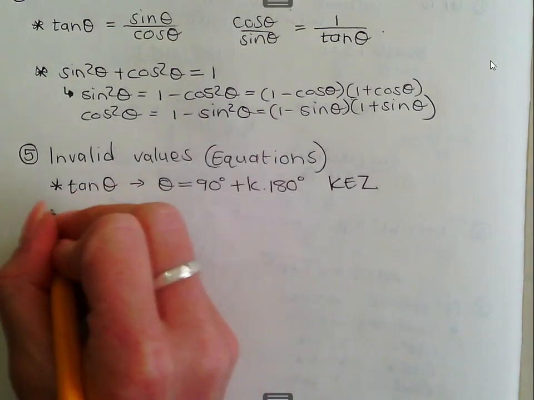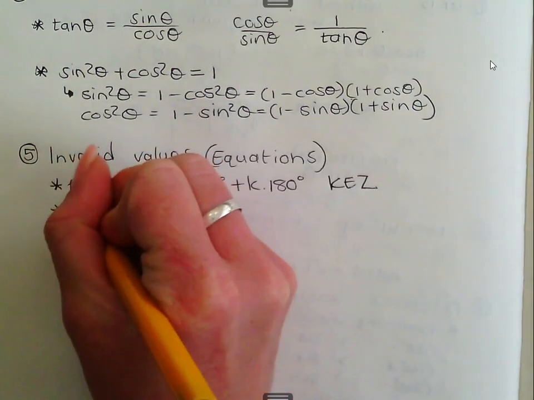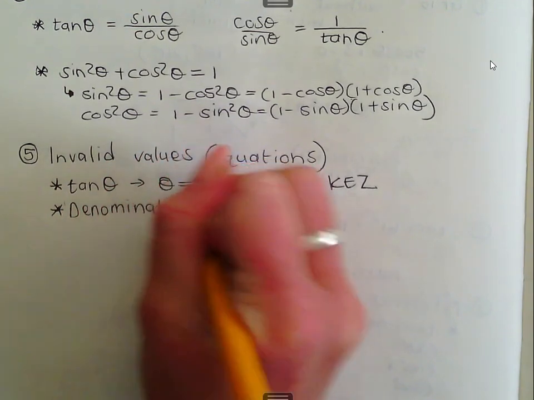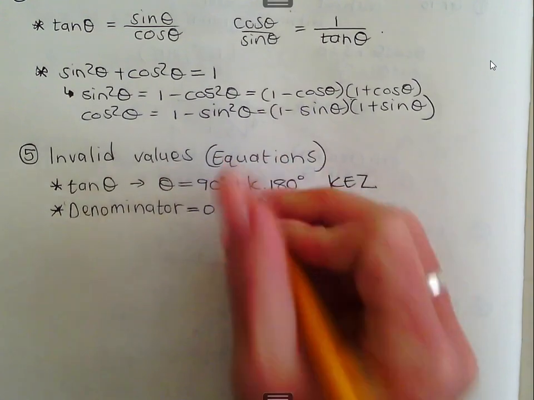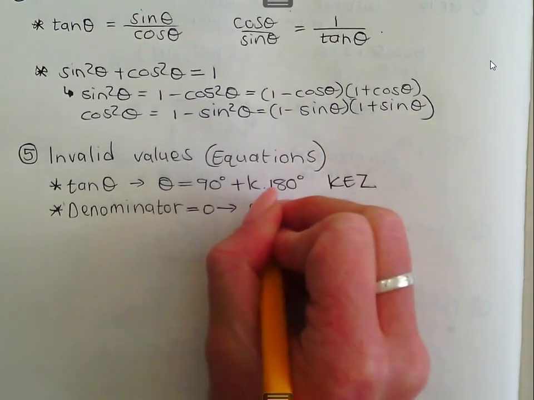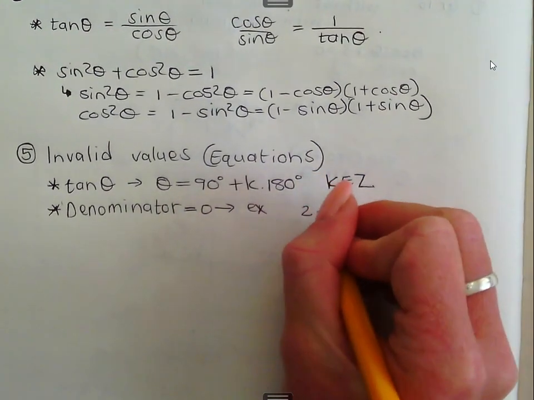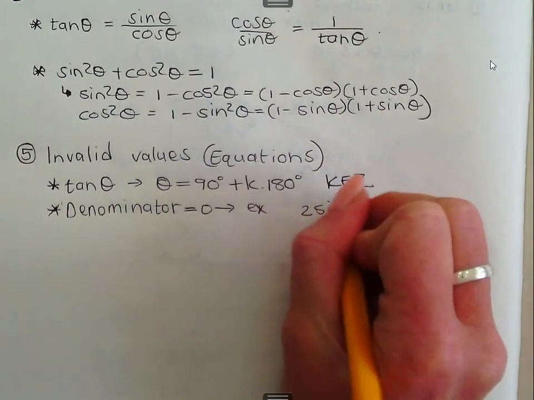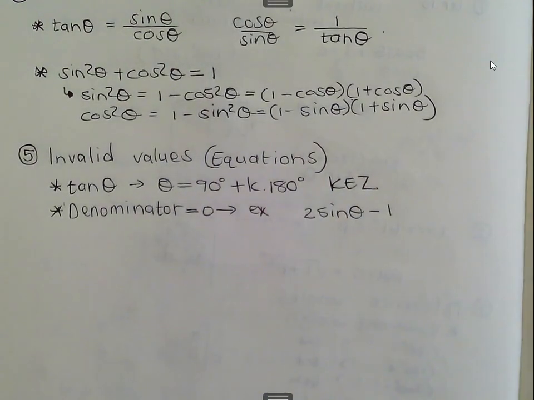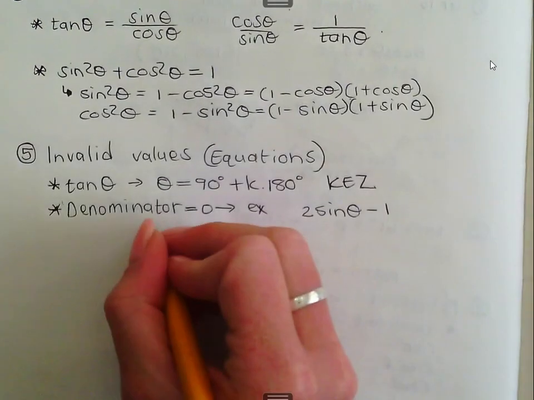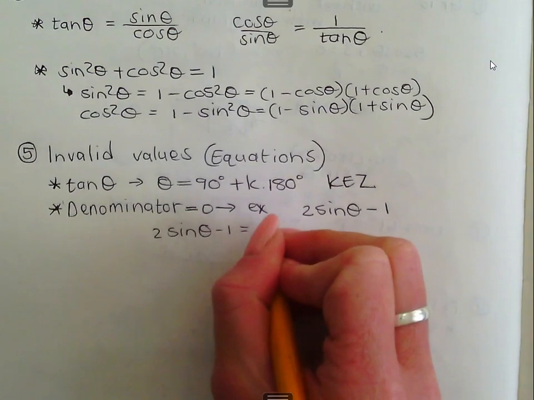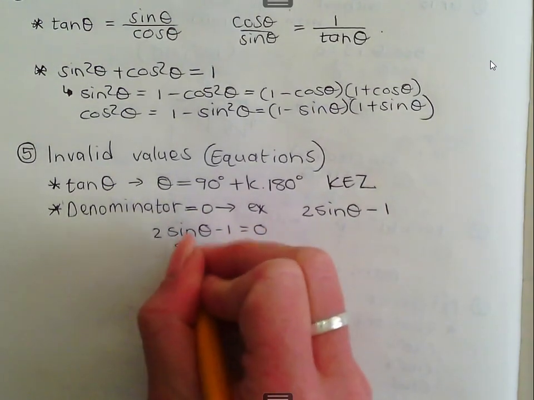Okay. The second thing is when your denominator is equal to 0. So for example, let's say your denominator was 2 sin theta minus 1. Then you let it be equal to 0. You get the function alone.